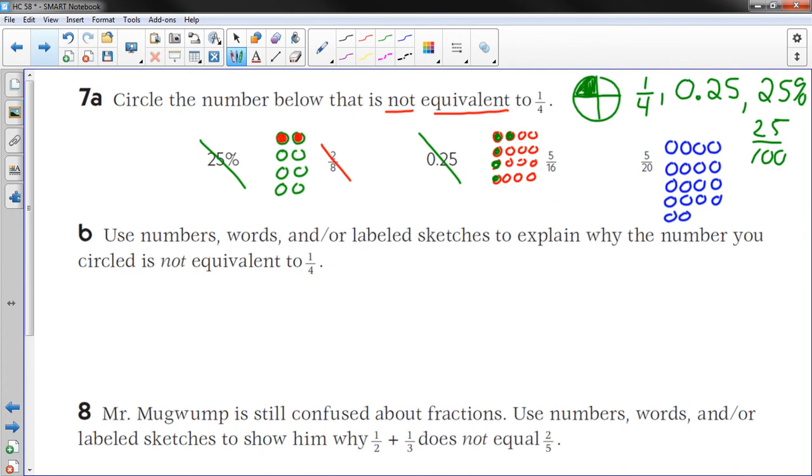I need one more. And 5 out of 20. If I did it this way, that is 1/4 of that. So it looks like it's 5/16. All right.